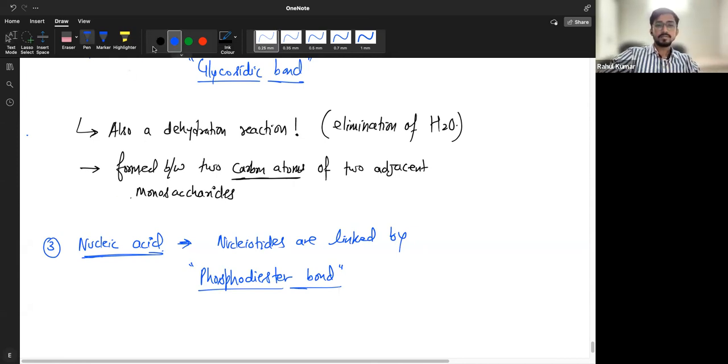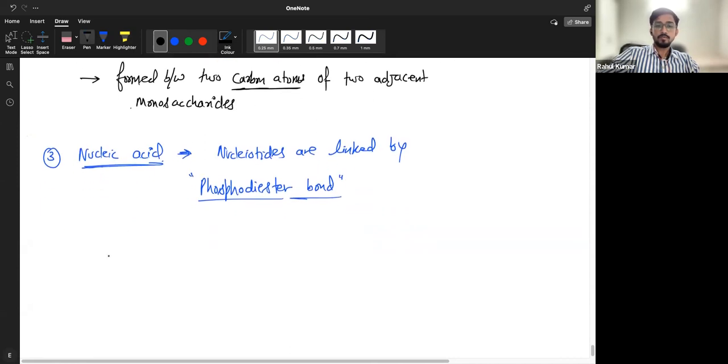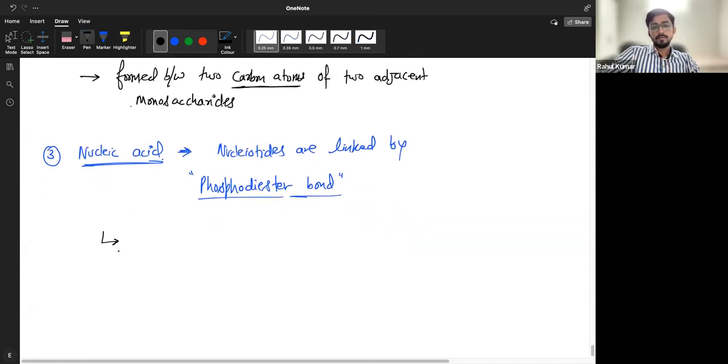Now what happens in this, how is this bond formed? Write down. Should I make the diagram or write down the phosphate group? You remember the phosphate group, both of you? Yes.